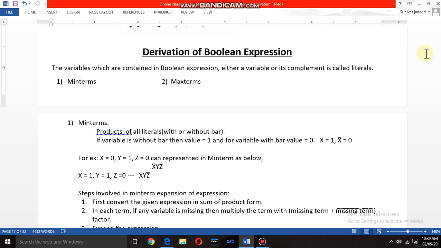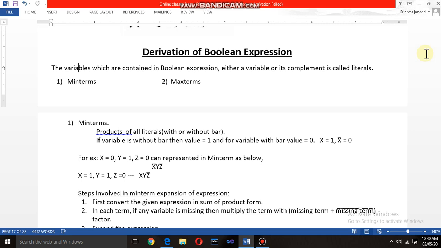Today in this video lecture I am going to explain the derivation of the Boolean expression, that is, how to derive the Boolean expression. When you are working with this topic, you should be aware of some topics: what a Boolean expression is, what logical variables are, what logical operators are, and what operation is connected with each particular operator.